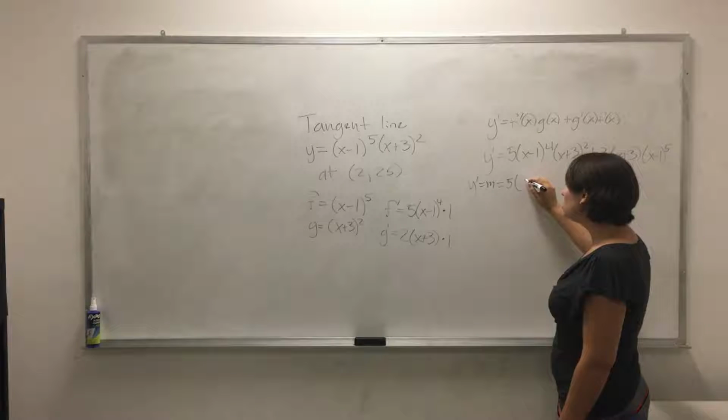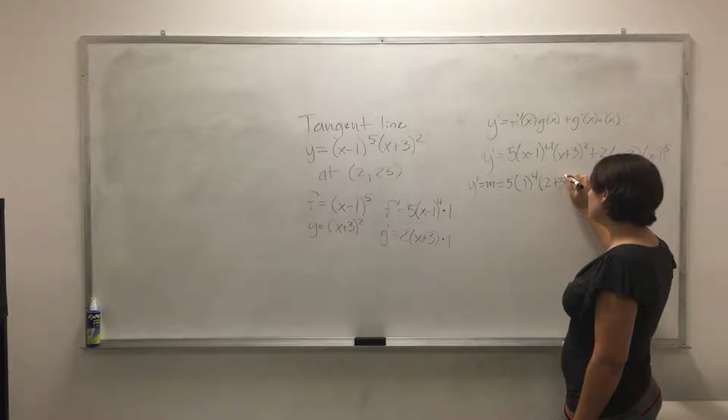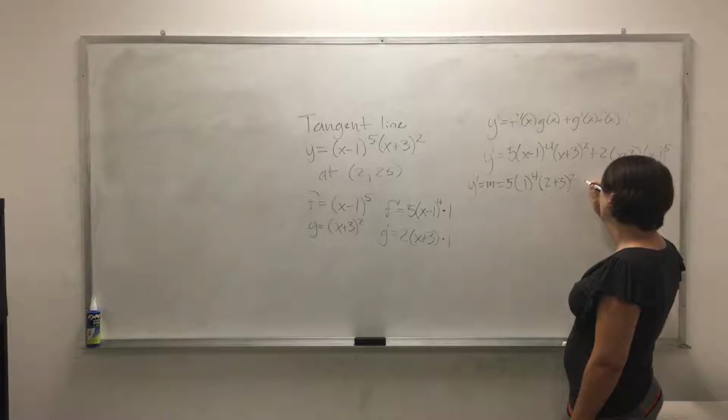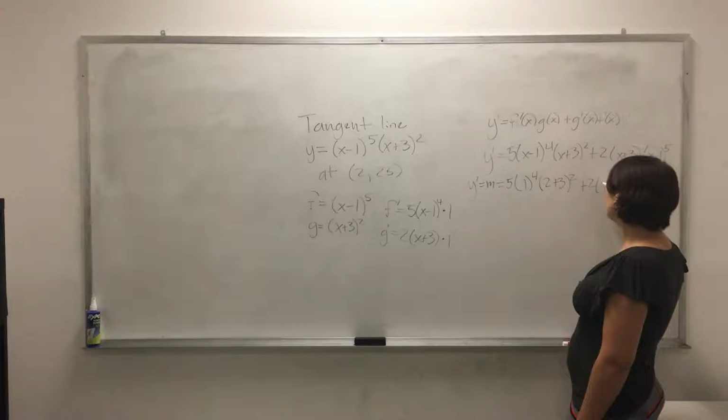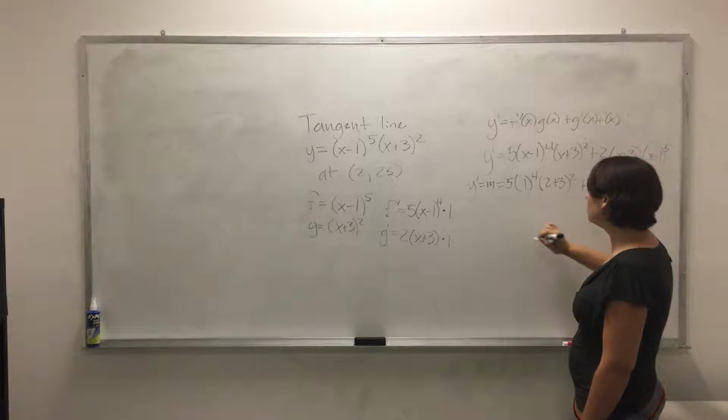(2 minus 1) is 1 to the 4th times (2 plus 3) squared, plus 2(2 plus 3), and then (2 minus 1) is 1 to the 5th.